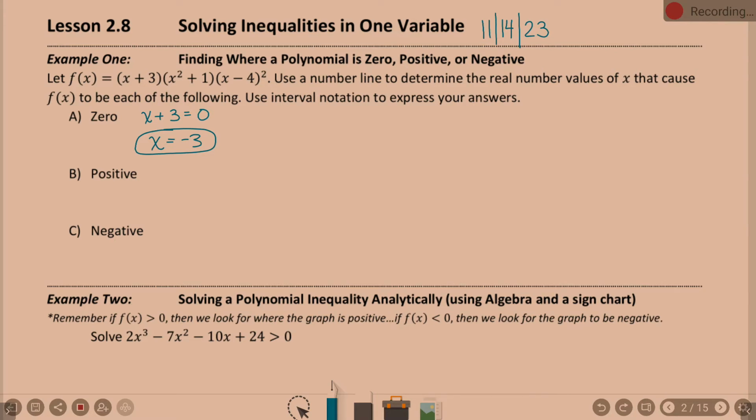What else do I need to do then? Set each factor equal to 0: x squared plus 1 equals 0, and x minus 4 equals 0. What about that x squared plus 1?